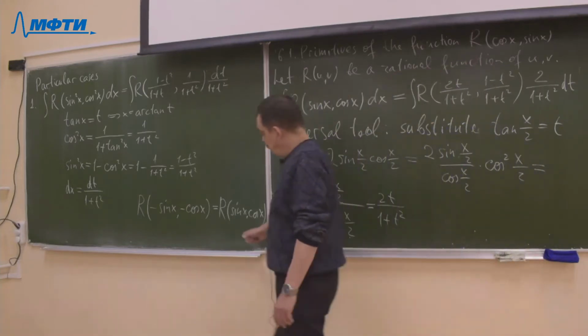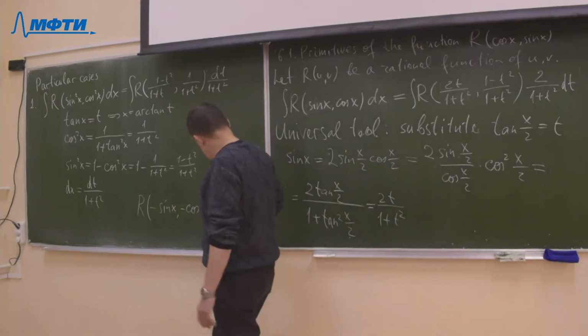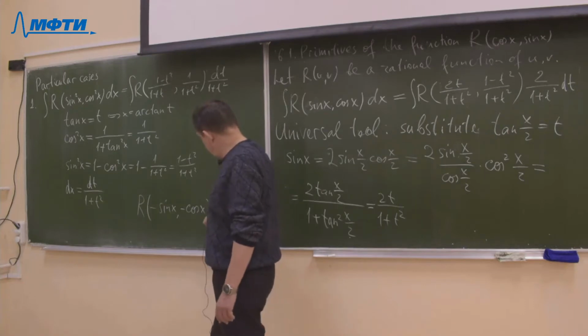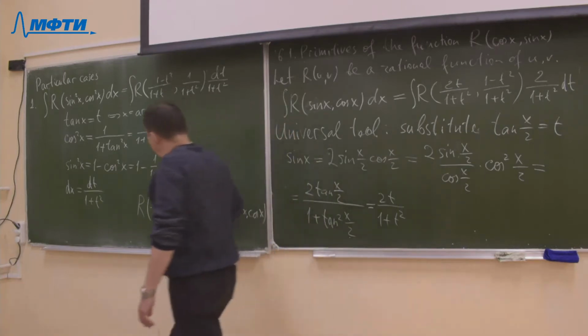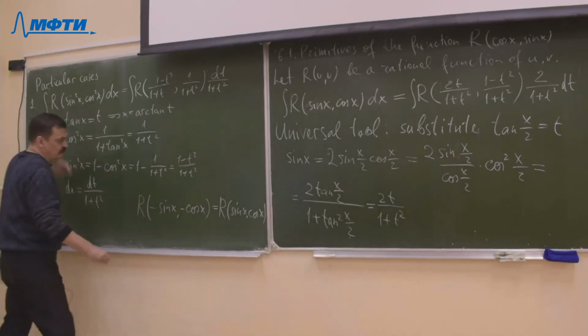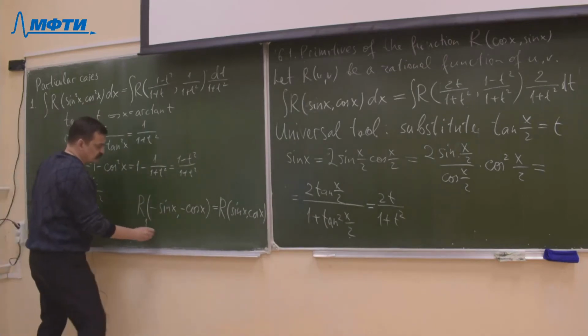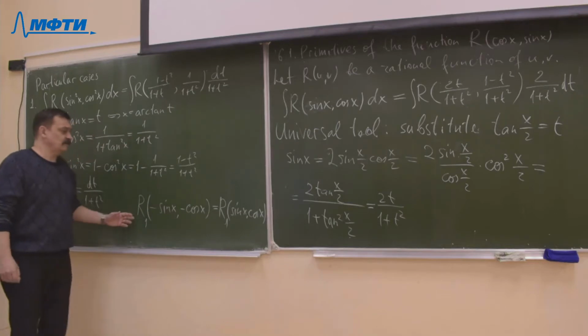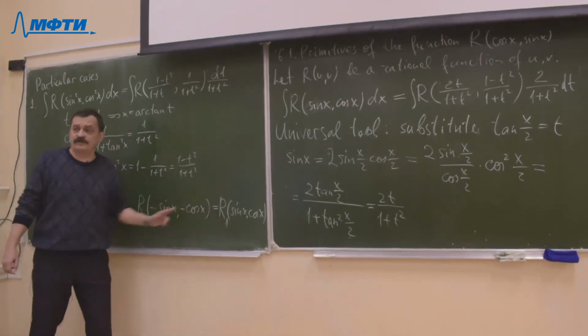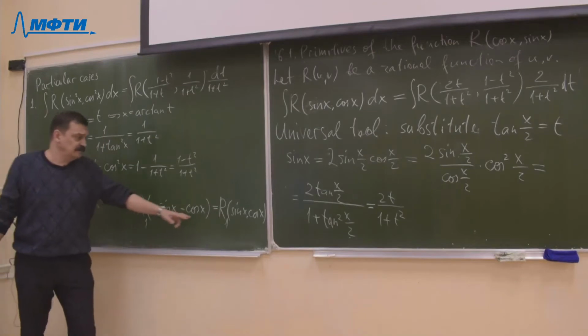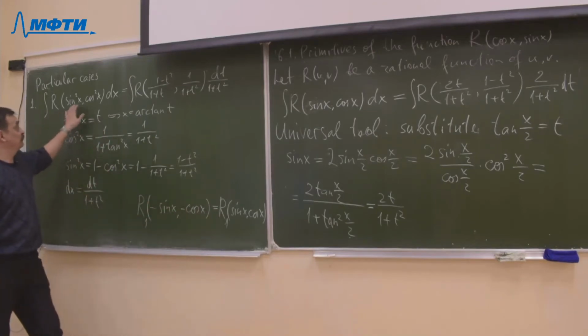So that's equivalent. If you have a rational function which has this property, then it can be represented as a rational function of sine squared and cosine squared.